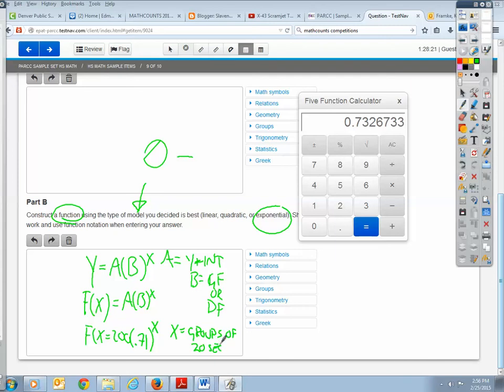So that way, I don't have to worry about how much it cools down every second. I can just worry about my groups of 20 seconds, which is what I had in my table.